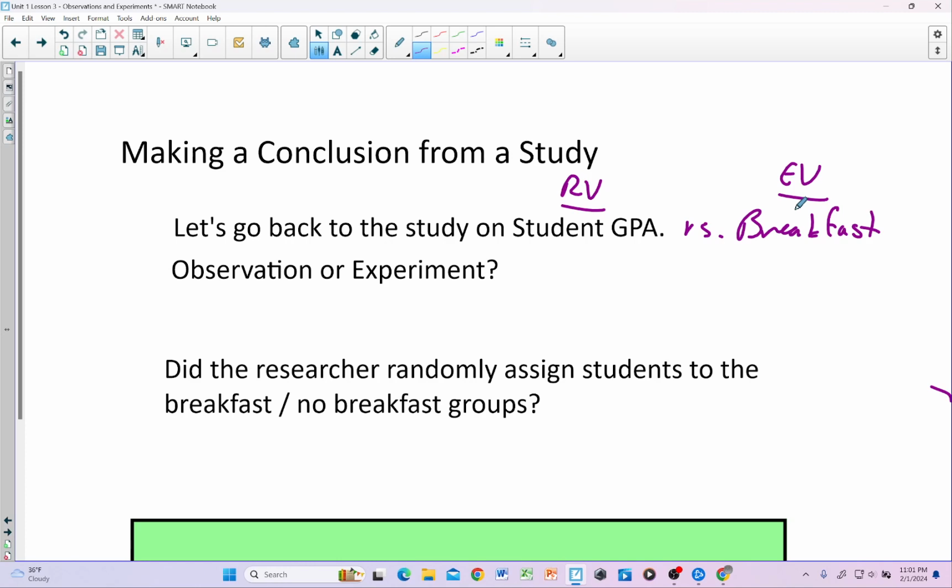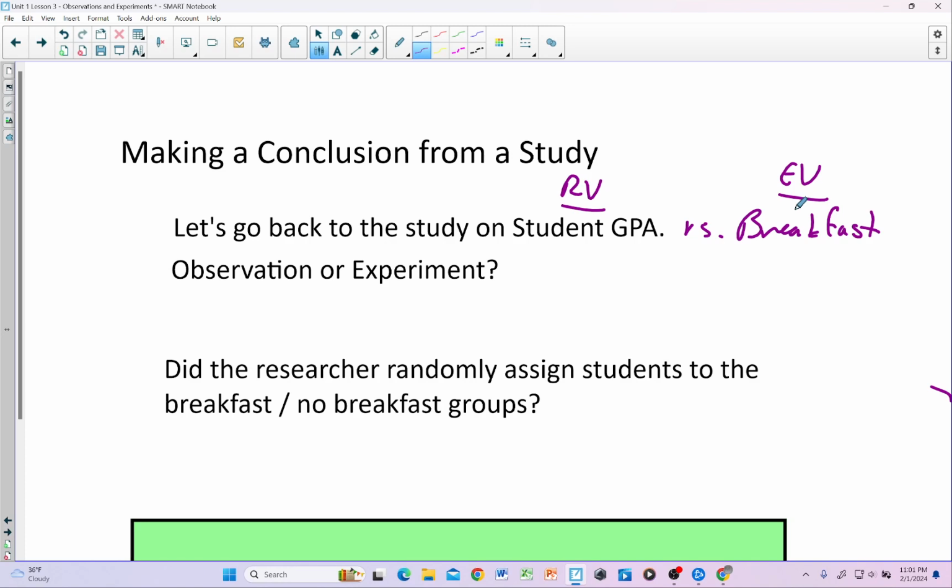Well, that doesn't sound very ethical. Ethical, that's the word I'm thinking of. Forcing people to not eat breakfast or forcing people to eat breakfast, changing their habits all up. I mean, sure, if they want to volunteer to do that, that's one thing.